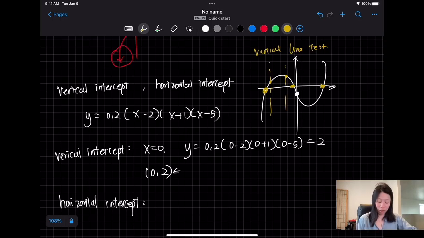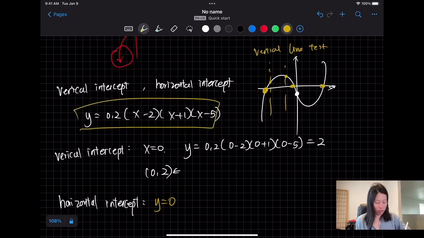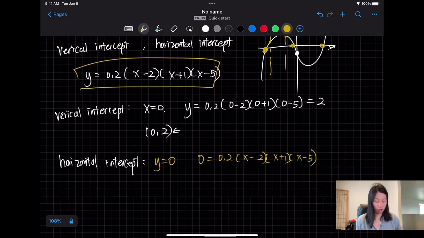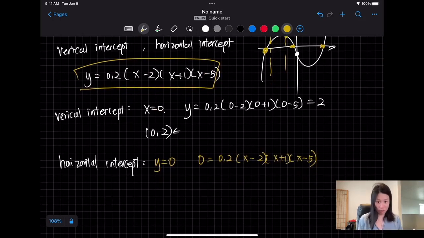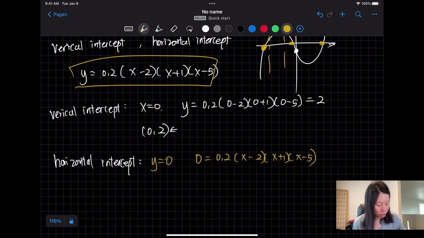So the horizontal intercept is when y equals 0. So look at our function. When y equals 0, I have 0 equals 0.2 (x − 2)(x + 1)(x − 5). So we need to solve for 0. If this equals 0, that means either x minus 2 equals 0, because we know that 0 multiplied by everything equals 0, and in that case the function will equal 0.